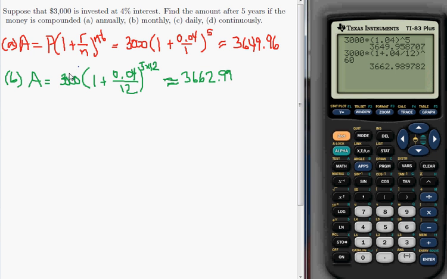than it was before. Part C, if the interest is compounded daily, we would expect an answer that's still larger, slightly larger, but larger.